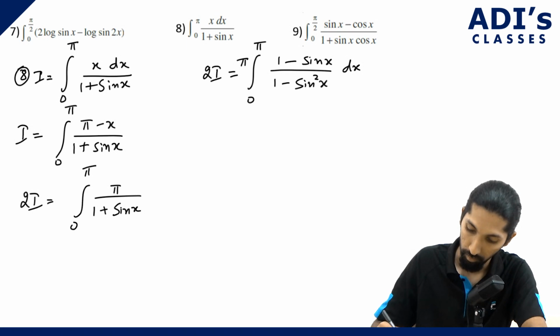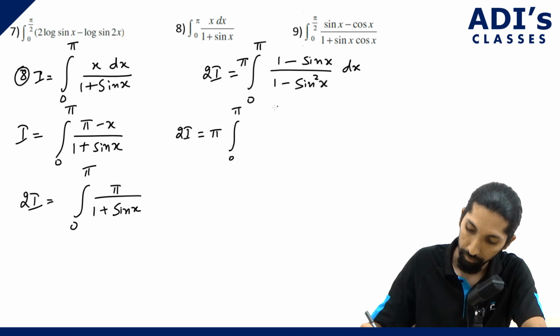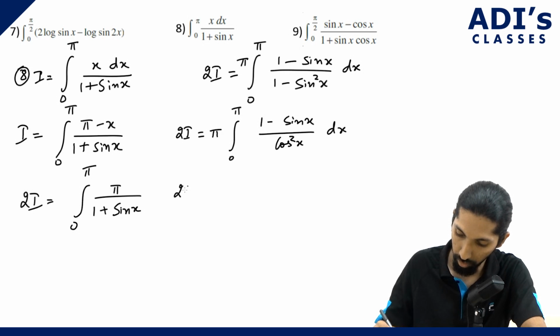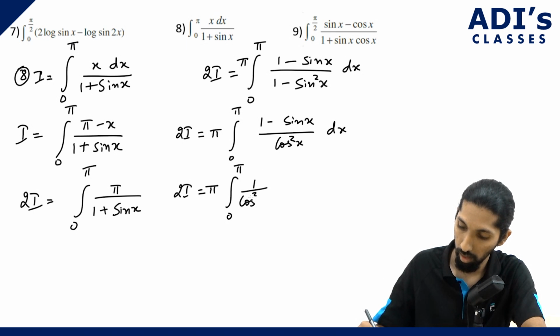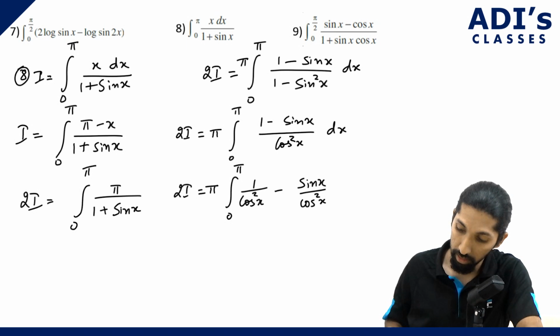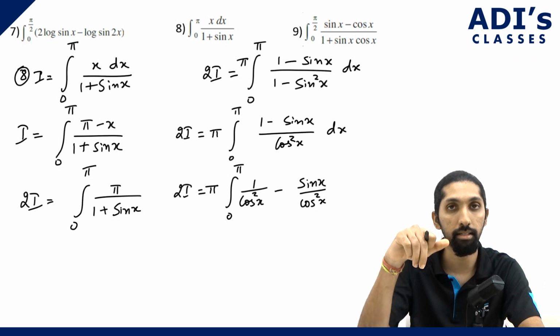Correct? So 2I is equal to pi times integral 0 to pi of 1 minus sin x by cos square x. Individually divide. So 2I is equal to pi times integral 0 to pi of 1 by cos square x, which is secant square x, minus sin x by cos square x, which is tan x into secant x, correct?